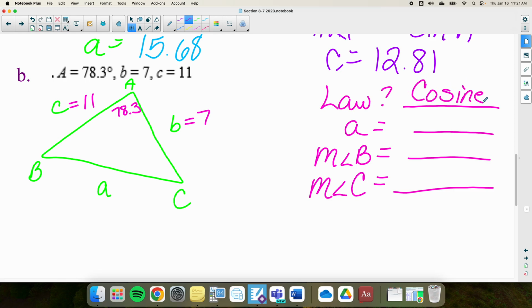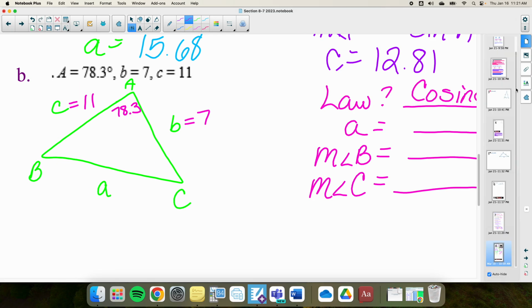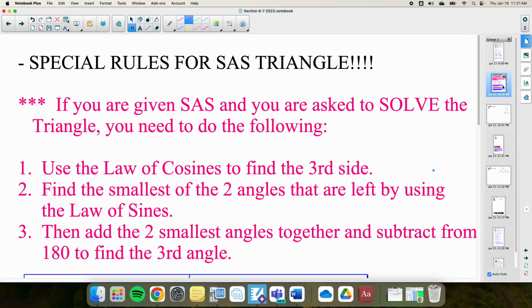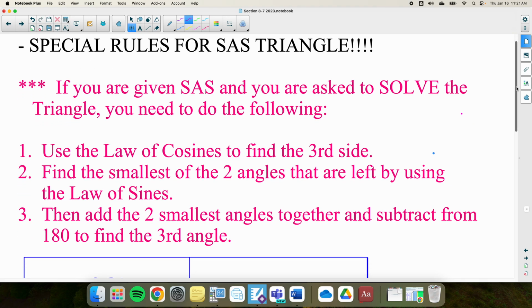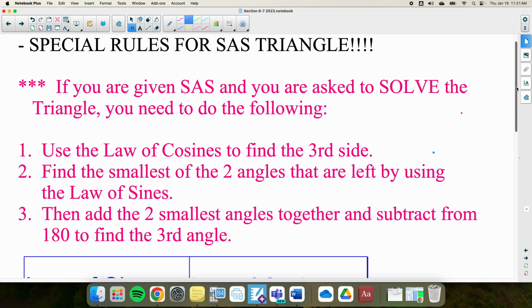Okay? Now, back in our notes, as well as on your cheat sheet, you have the steps to solve something in law of cosines with side, angle, side triangles. And what it tells you is to first use the law of cosines to find the third side.